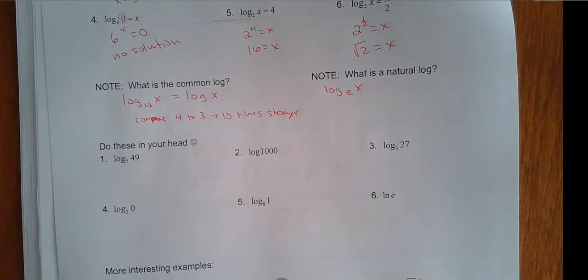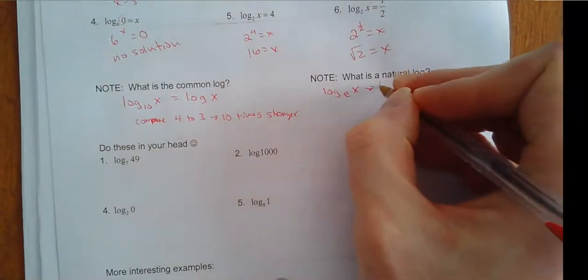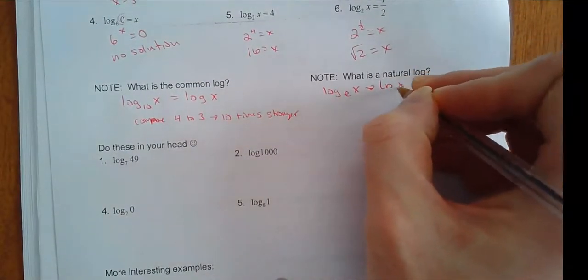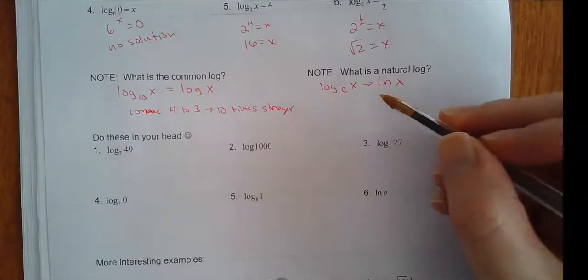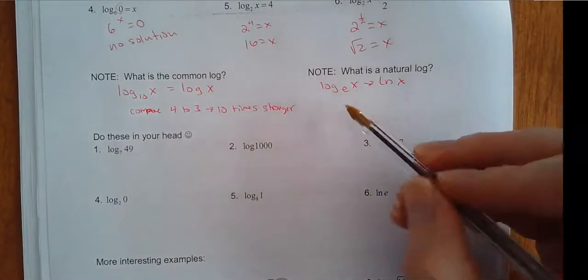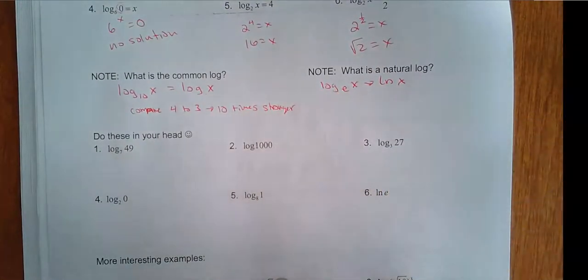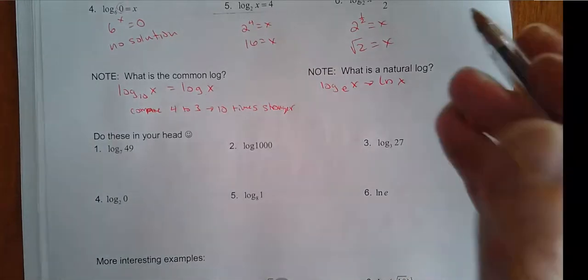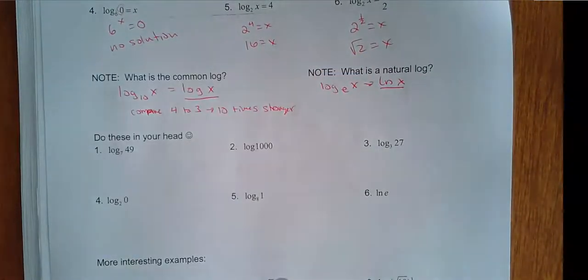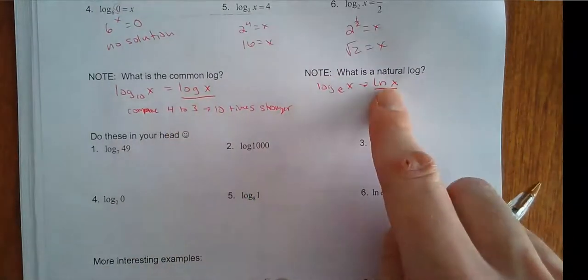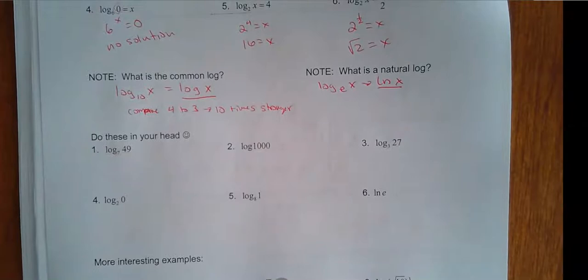They got tired of writing it, so they call it the natural log. There's no base written, it just says ln of x. That means log base e of x. That means the base is e. So if anybody asks me in class what that means, I'm going to say, you didn't watch your video, did you? Because right here I'm telling you exactly what it is. So this is how they'll be written in problems: common log, natural log.